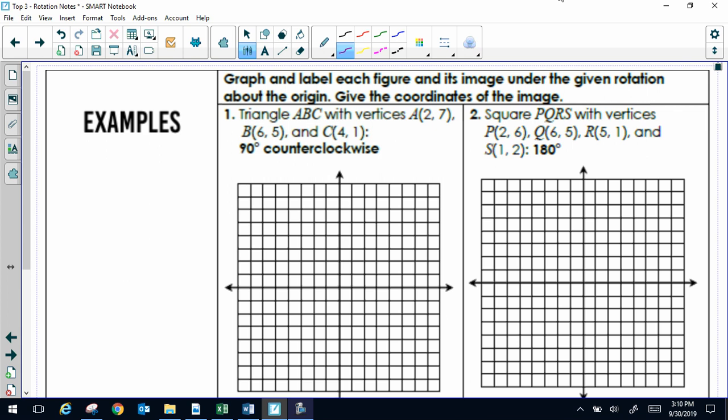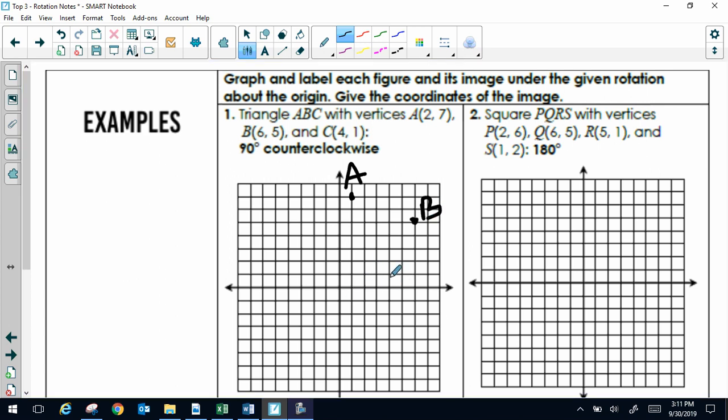Let's see if I do it with... All right, so there's A. Okay, B is at 6, 5. There's my B. And C is at 4, 1, which is right here. So there's my current triangle.